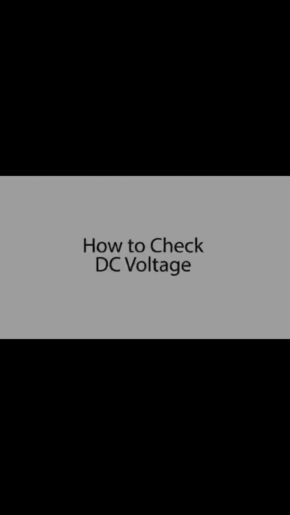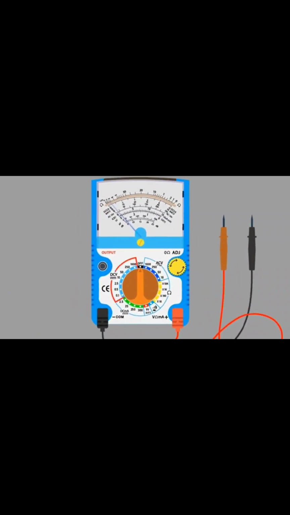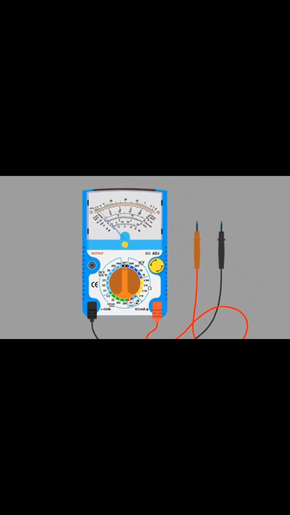How to check DC voltage. We have a multimeter to measure DC voltage. Connect the black probe of the multimeter with the common port and the red probe with the positive port. The blinking line shows the DC voltage section. The arrow shows the DC volt range which we can measure.